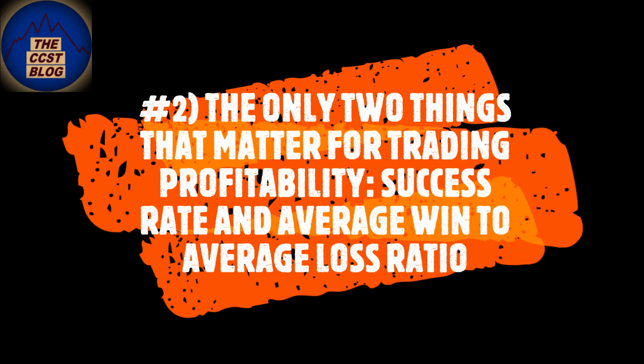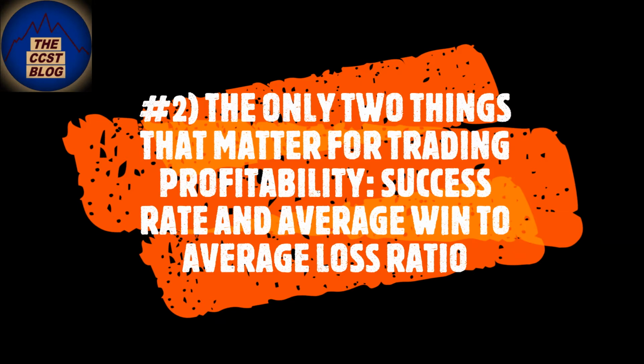Now, the third thing that I see a lot fewer people concentrate on, but is really the last component of these two factors. So the first factor being success rate, the second factor being the average win to average loss ratio.